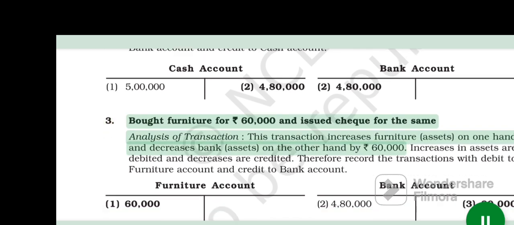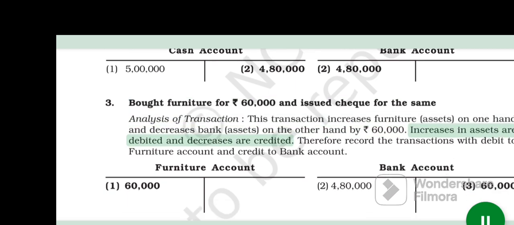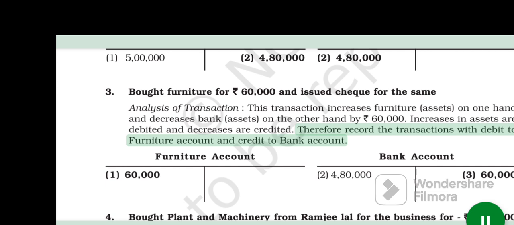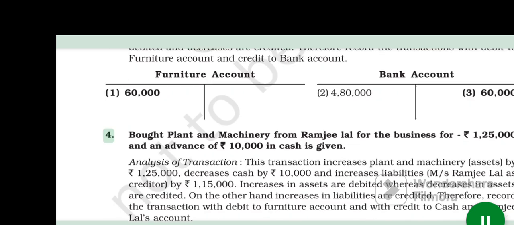Bought furniture for ₹60,000 and issued a check for the same. Analysis of transaction: this transaction increases furniture, an asset, on one hand and decreases bank, an asset, on the other hand by ₹60,000. Increases in assets are debited and decreases are credited. Therefore, record the transaction with debit to furniture account and credit to bank account.